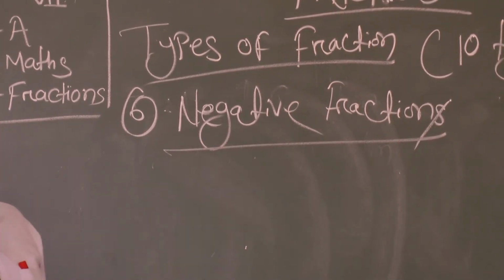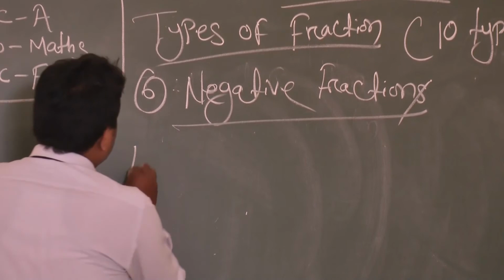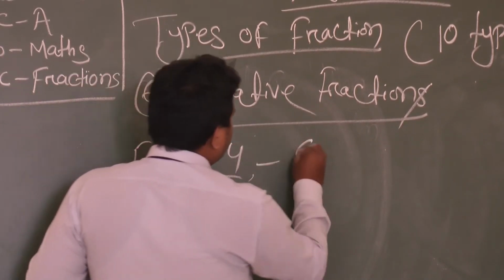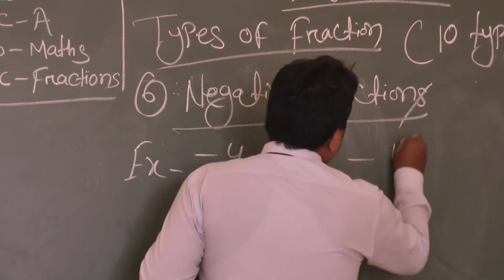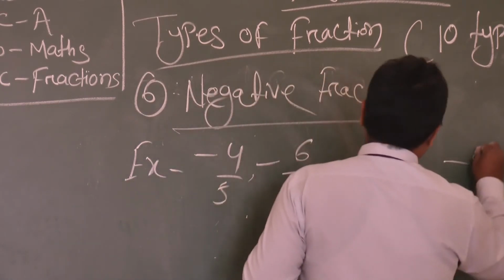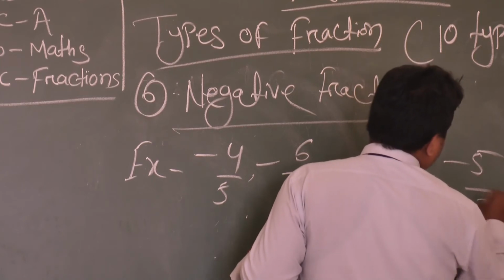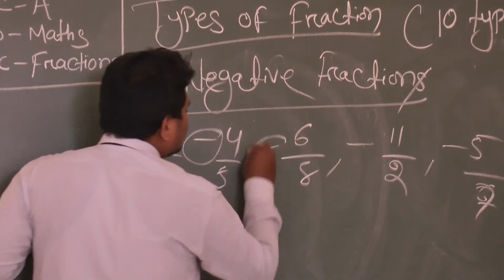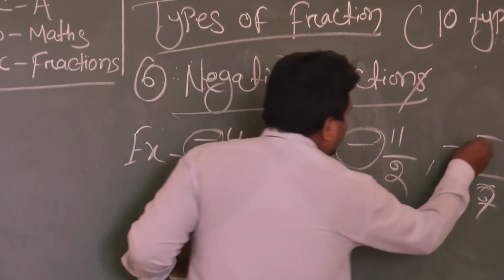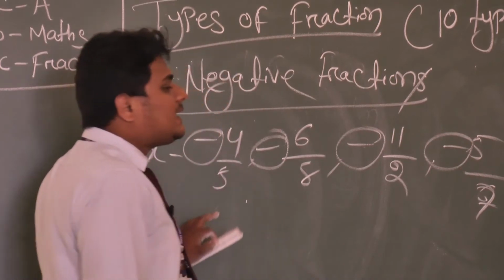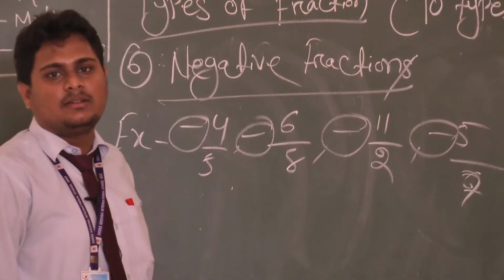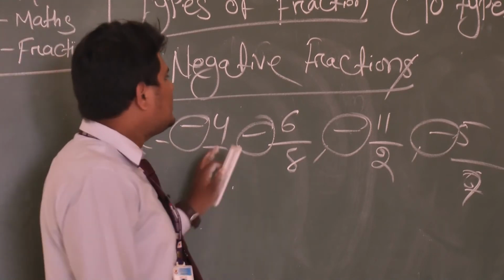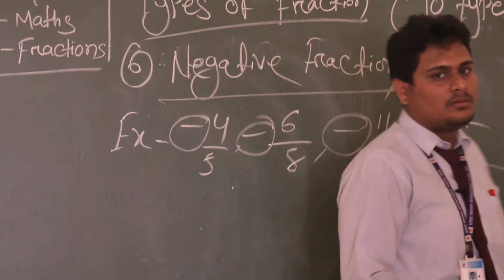For example, minus 4 by 5, minus 6 by 8, minus 11 by 2, minus 5 by 6 or 7. So the negative symbol is before the fraction, and that is known as negative fractions. These are the 6 fractions of your book.